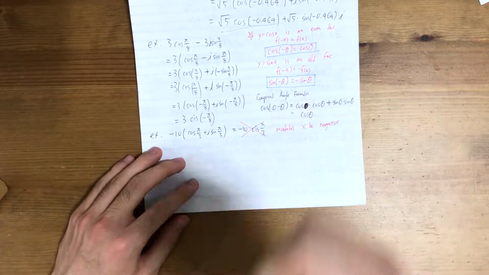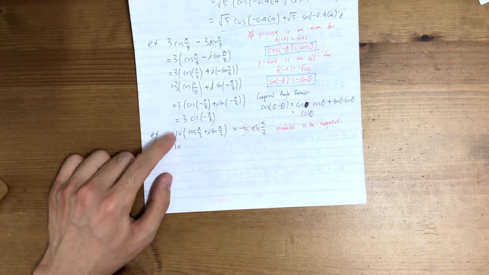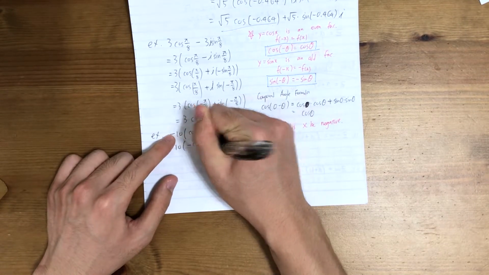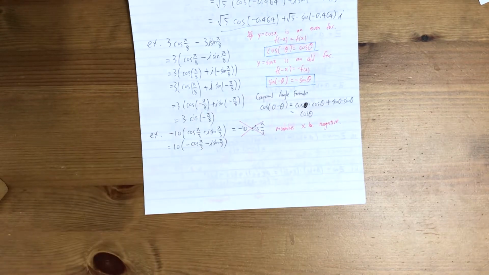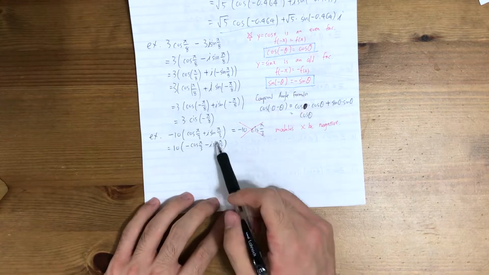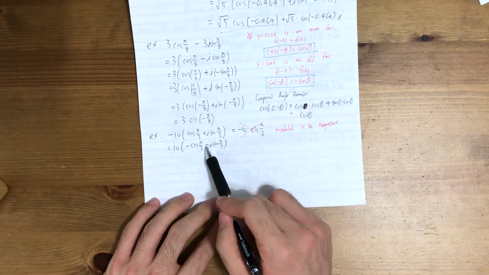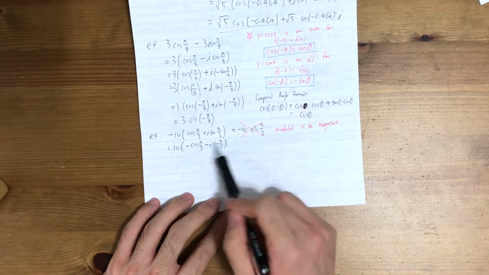Then what can we do? That means we shouldn't keep the negative sign in front, so we put it inside. Okay, and this is a bit more problematic than the previous one because it's a bit hard to remove this negative sign inside the angle and to find the common angle, right?